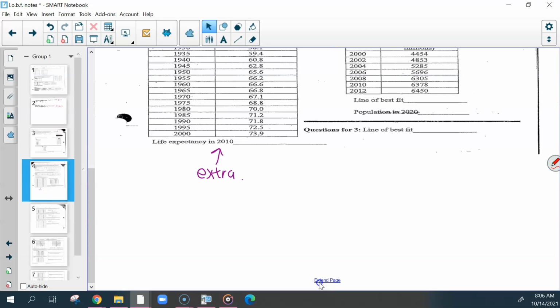So if you need to take the benchmark, here's what you all are going to be working on. Test corrections. I'm going to give you additional practice, and you're going to have a sheet that you need to fill out to tell me which ones you're retaking. If you're not taking any part of the benchmark, you're going to be continuing to practice your linear regression.